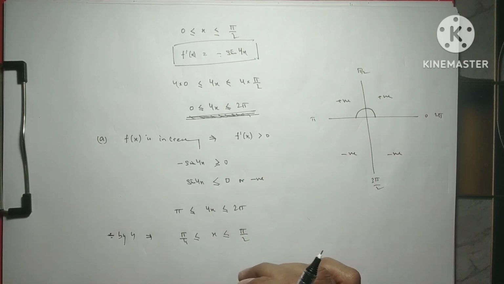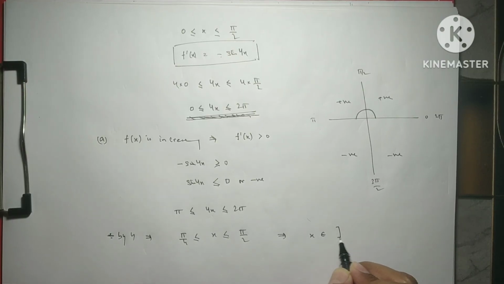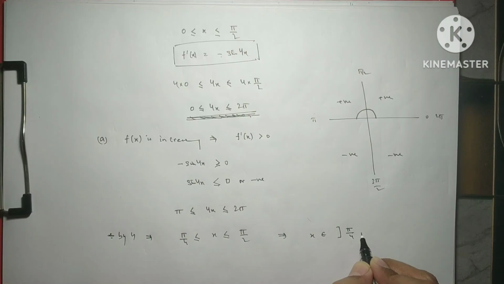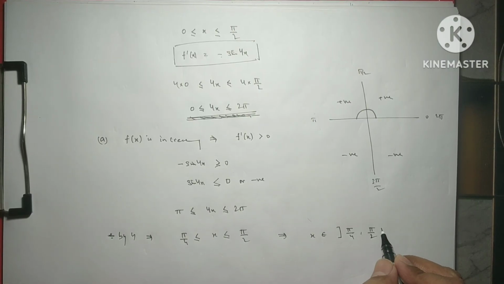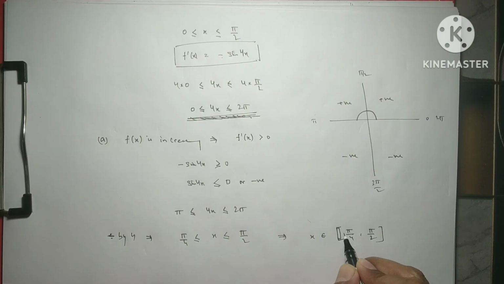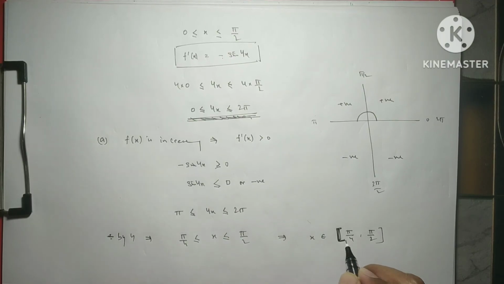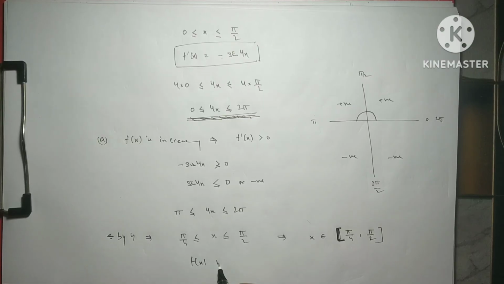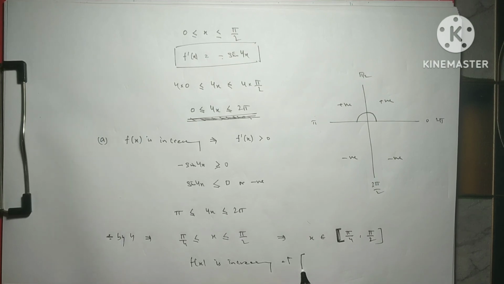So you can say the function is increasing. So right now we can say x belongs to pi by 4 to pi by 2. It means function fx is increasing at pi by 4 to pi by 2.